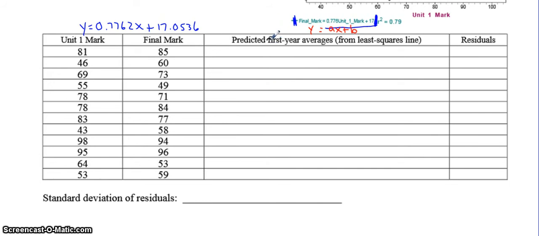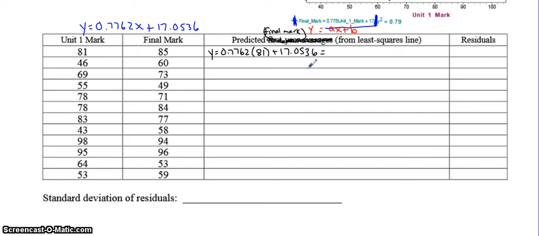Now, we're actually going to change this because this wasn't first year averages. This is going to be your predicted final mark. So person number 1's unit 1 mark was 81. If they used the line of best fit, it would have been 0.7762 times x, which is 81, plus 17.0536.